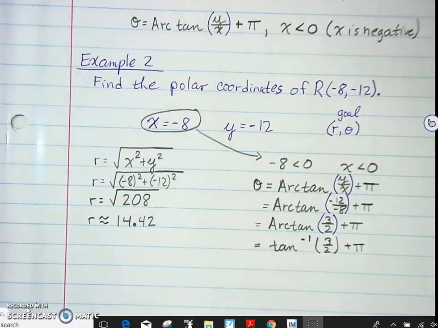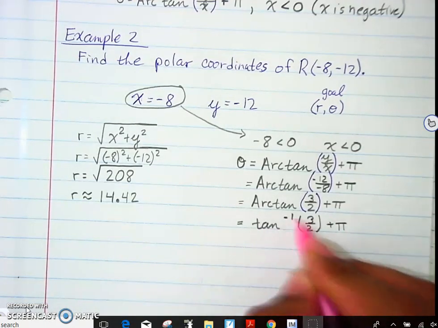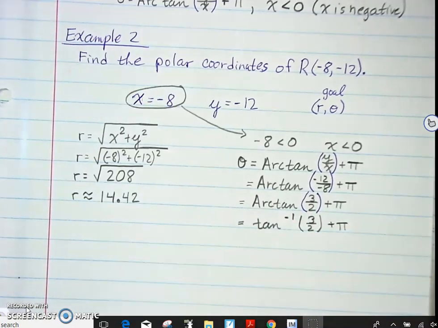And so here, also, they don't tell you whether it's degrees or radians. For right now, let's just go with radians, and then in the future, they'll let you know if it should be degrees or radians. But here we're going to do radians for this part. And so when you put it into the calculator, you do tan inverse, parentheses 3/2, plus pi on the outside.